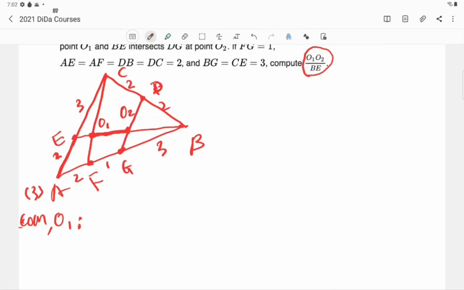Okay, so with that, we immediately know the mass of what? So we assigned mass 3 to A. What other masses do we immediately know? Well, for instance, what's the mass of C here?